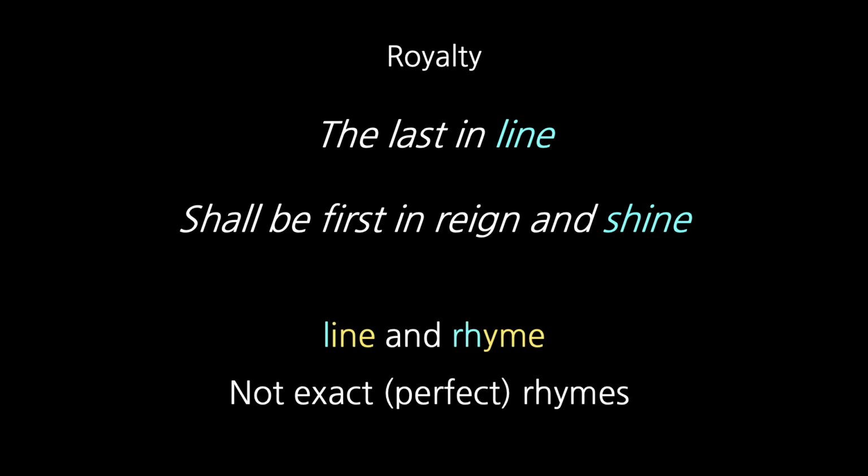For example, line and shine are exact rhymes, but line and rhyme, even though they rhyme, are not exact rhymes, because one is "ine" and one is "ime."